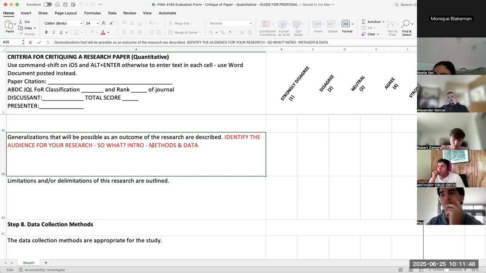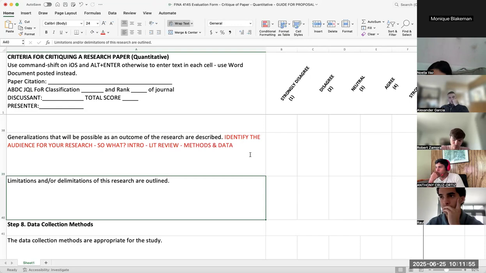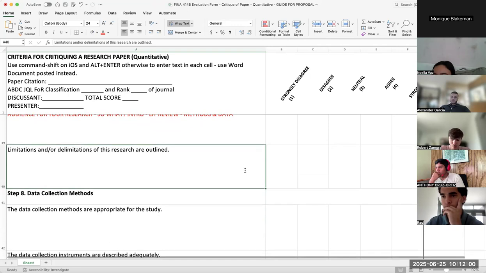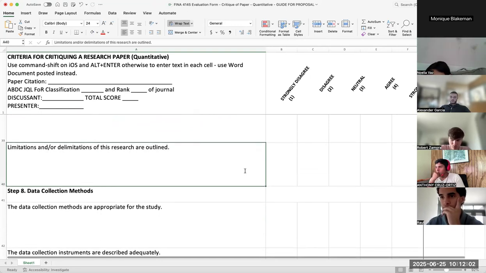Honestly, I feel like it should be in some way in the lit review too. So this is something that gets repeated to make your paper have a broader audience. That's what you want to do.